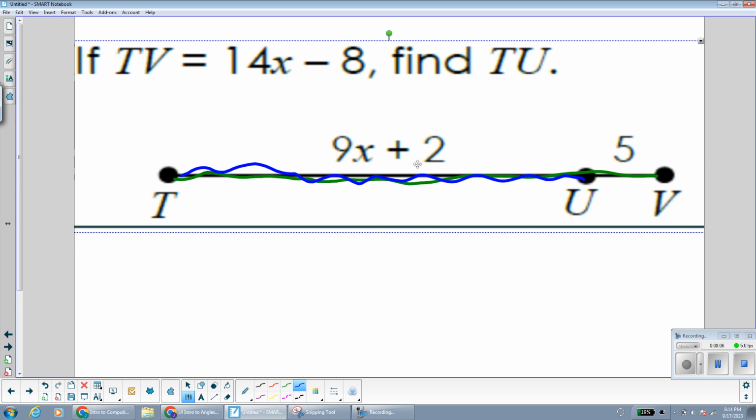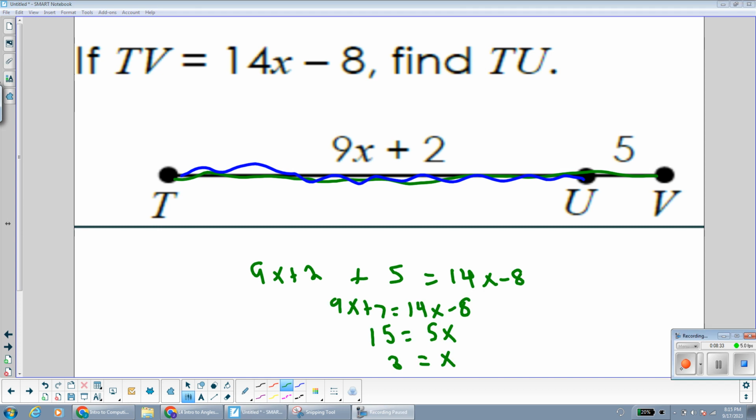Since we know both pieces, 9x plus 2 and 5, and we know the whole is 14x minus 8, I'm going to make an equation that says if I take one piece, which is TU, and I add the other piece, which is UV, I get the whole line segment, which is TV, or 14x minus 8. Let's take a second and solve for x. And here we have x is equal to 3.